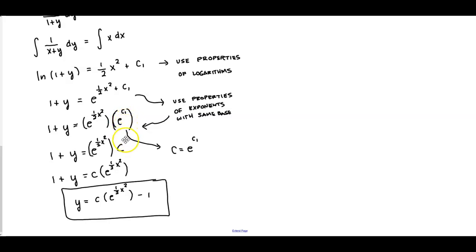Since e to the c1 is a constant, we can let c equal e to the c1. So we're going to have c times e to the 1/2 x squared equals 1 plus y. And now we're going to solve for y. We subtract 1 from both sides, and we get y equals c times e to the 1/2 x squared minus 1.